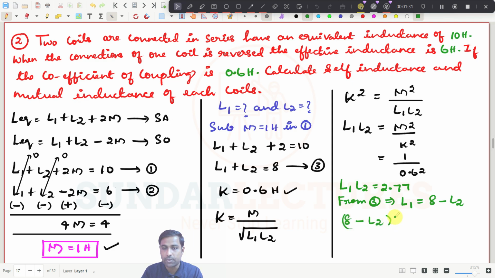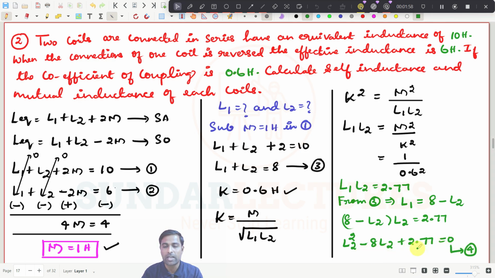So 8 minus L2 into L2 is equal to 2.77, right? If I further simplify this, you will get a quadratic equation, right? I am just writing the final expression: L2 squared minus 8L2 plus 2.77 is equal to 0. So this is expression number 4, right?